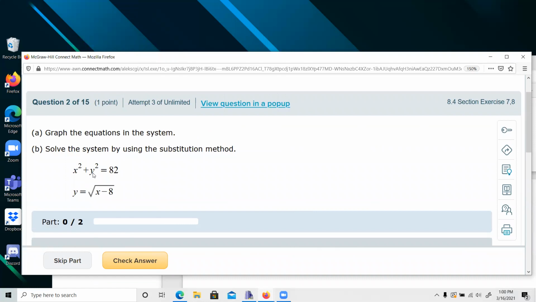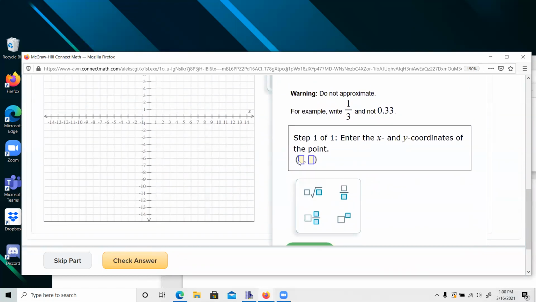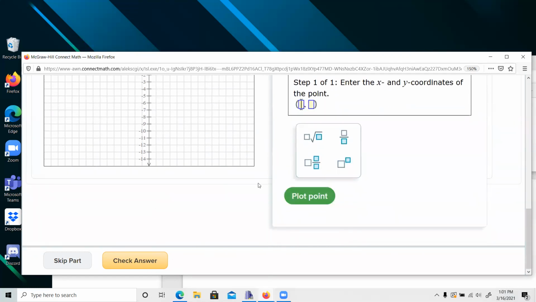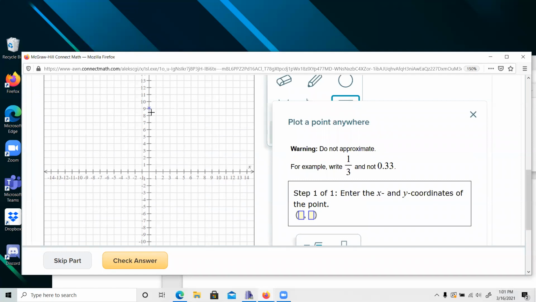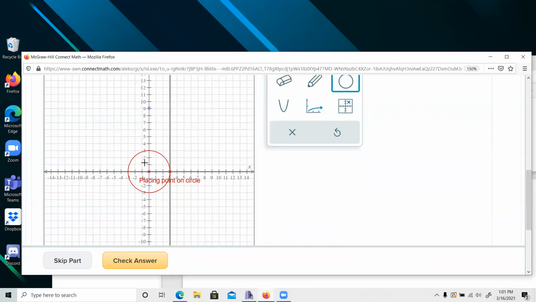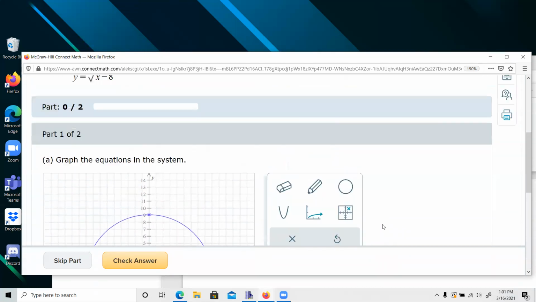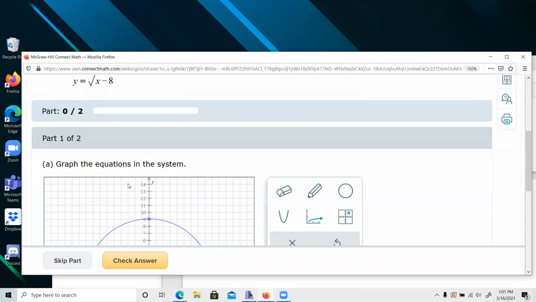If x is equal to 0, then y is equal to the square root of 82. We're going to say plot that point. Okay. You see how we got an answer, sort of? So now when I go to do my circle, I've got a point to aim for, and it'll allow me to actually graph this thing accurately without having to approximate any of this, because it won't let you.